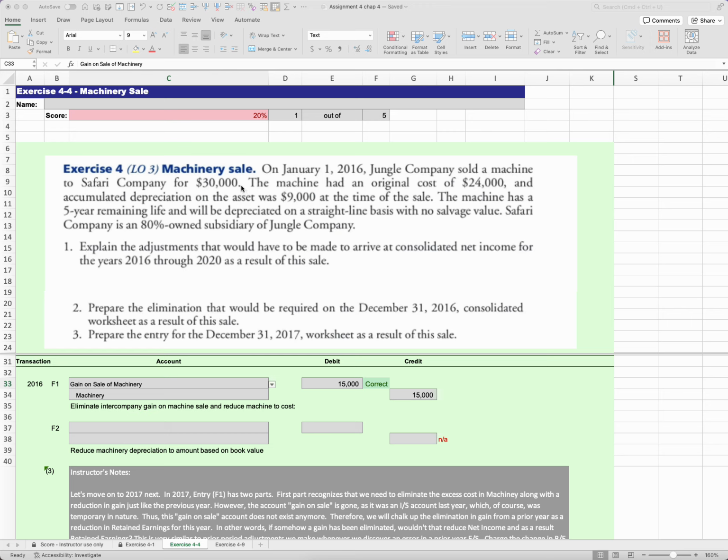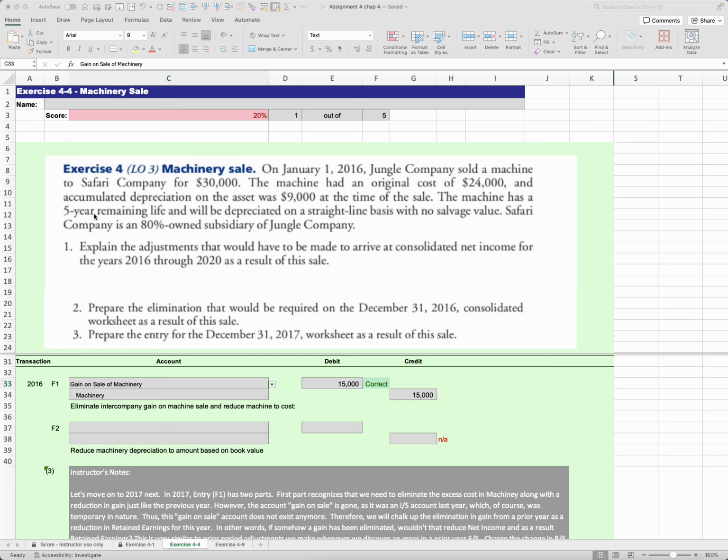That would have been $6,000 a year. However, the initial book value, or the book value to the consolidated group, is of course $15,000, and the correct depreciation for the consolidated group should have been $15,000 divided by 5, which is of course $3,000.